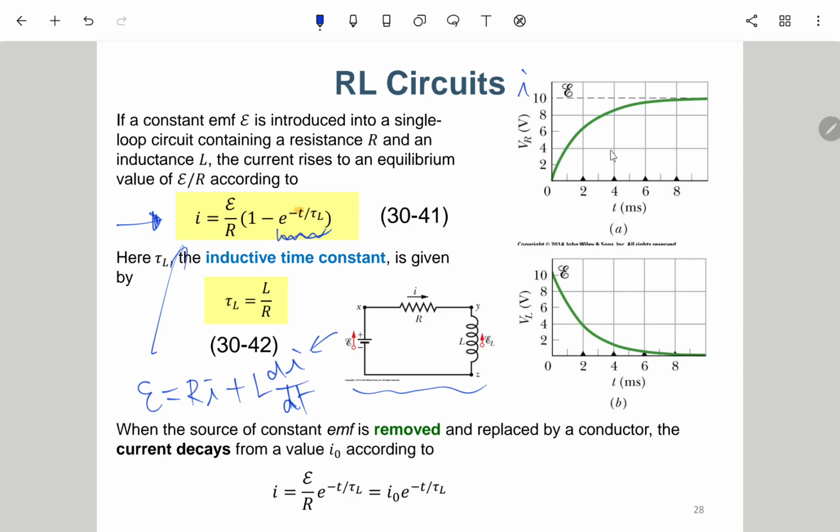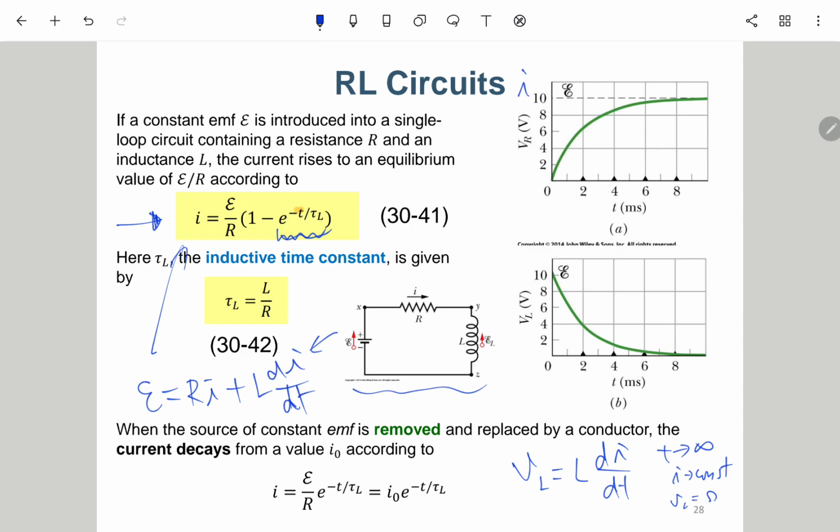So I turns out to be a constant. What does it mean? Because V_L equals L dI/dt, if I is a constant, the voltage across the inductor will be 0. So when t is very large, I will be a constant, and then V_L will be 0.